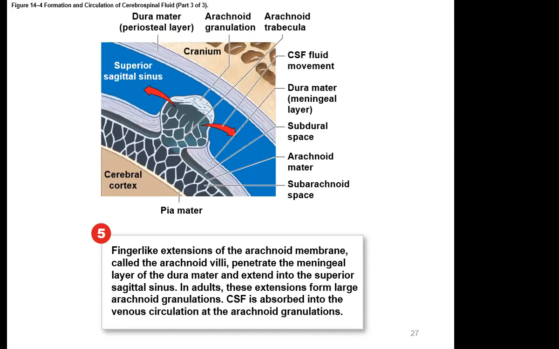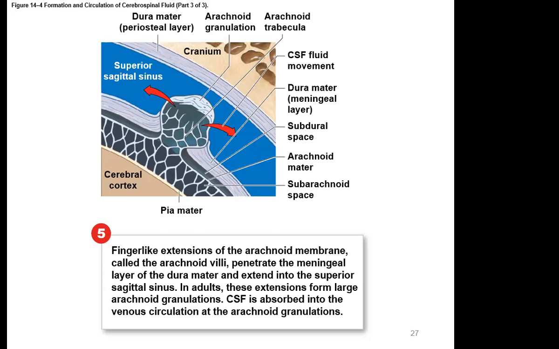So this fluid has to drain off of our brain, out of the CNS, and it will find its way into the cardiovascular system via the internal jugular vein. So that's how we constantly have this secretion, reabsorption happening appropriately like it's supposed to.